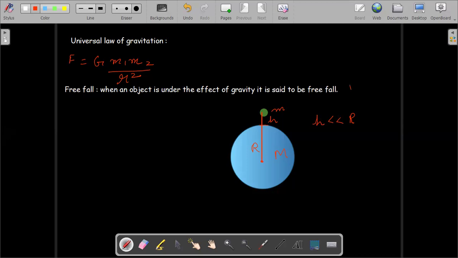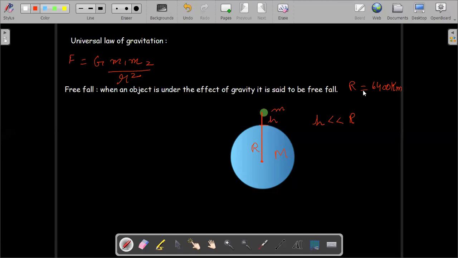The radius of the earth is 6,400 kilometers. So you can write the radius of the earth to be 6,400 kilometers. Now if an object is thrown to a height of 1 kilometer or 500 meters, that does not make much difference to the gravity.